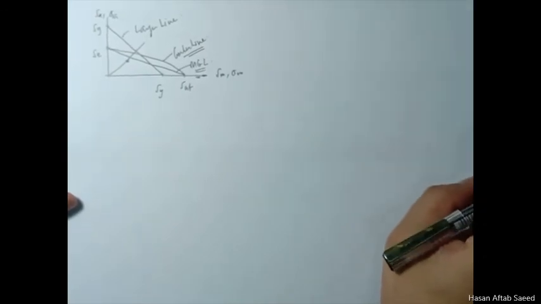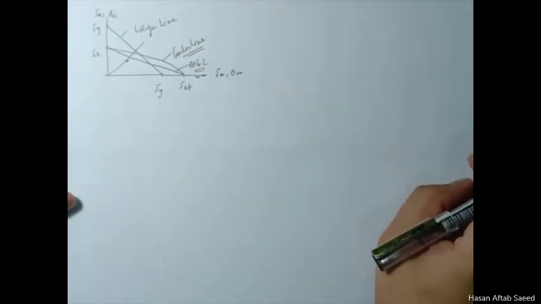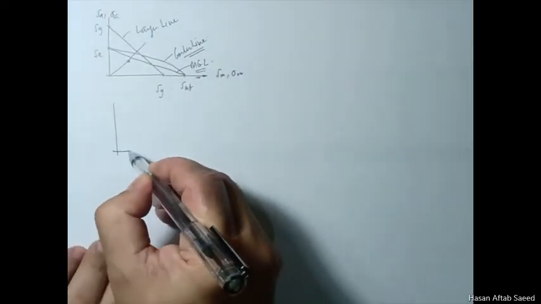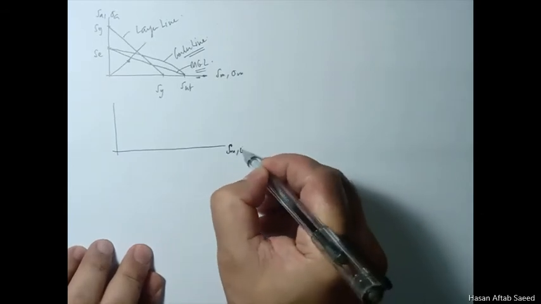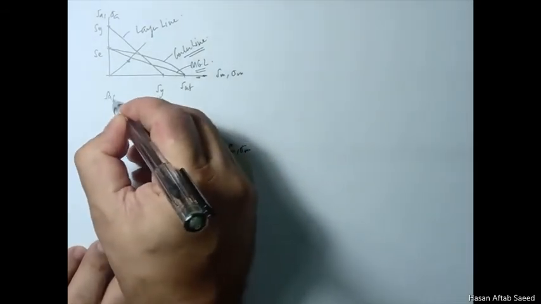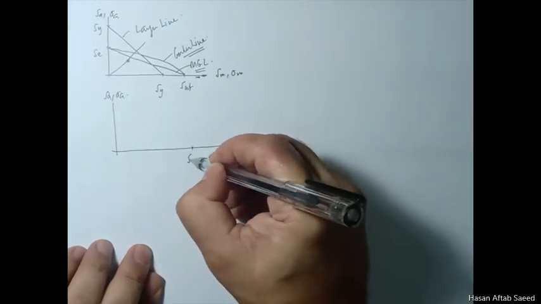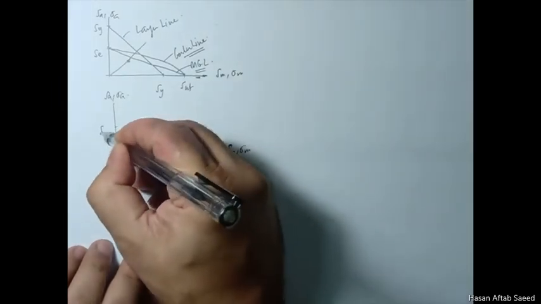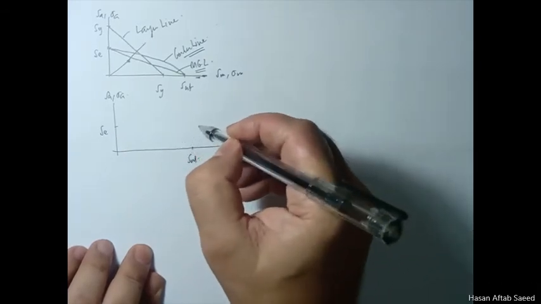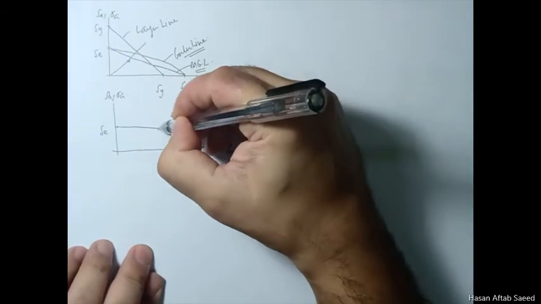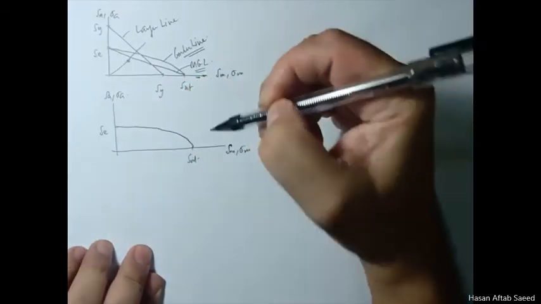Now again we'll go through a demonstration procedure. We won't plug in the values because in this question there's no need to do that. But let's say this is our, again, SM sigma M, SA sigma A, and this is SUT, SE, and your Gerber line is something like this.